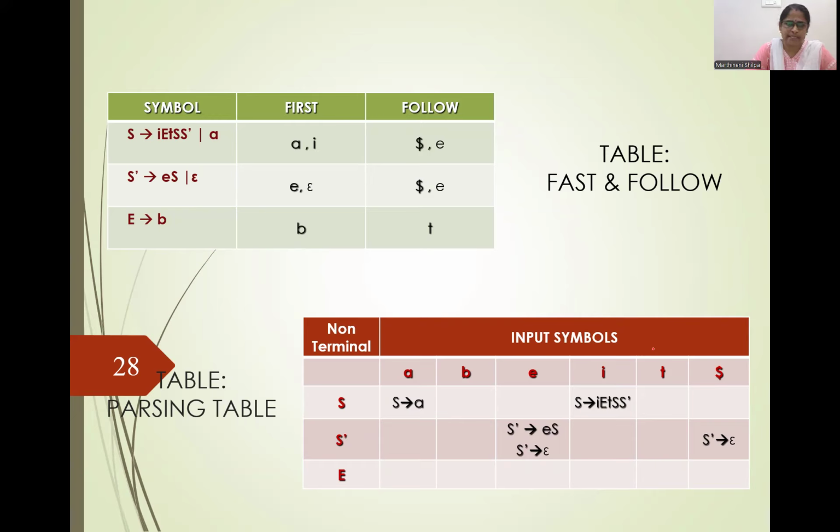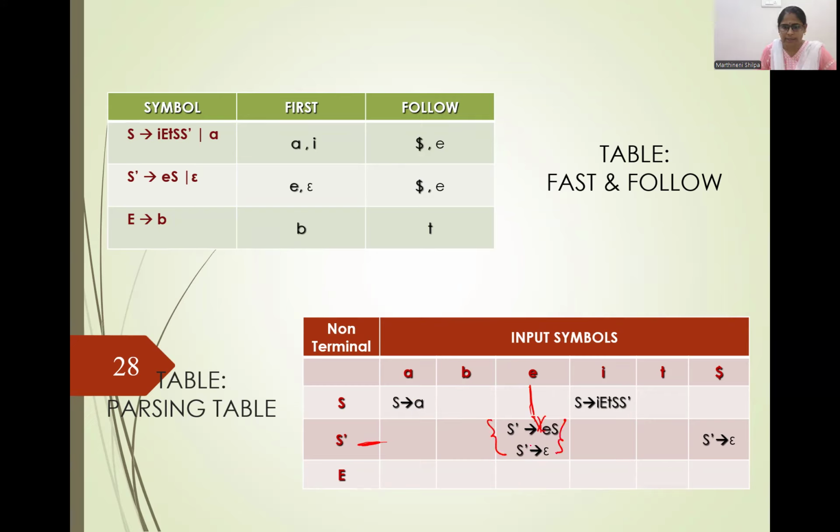And then S dash deriving epsilon is a production whose right hand side contains epsilon. That means S dash deriving epsilon has an entry into the table under follow of S dash. Here follow of S dash is also dollar comma e. That means in the same cell, S dash row and e column, there are entries for two productions.